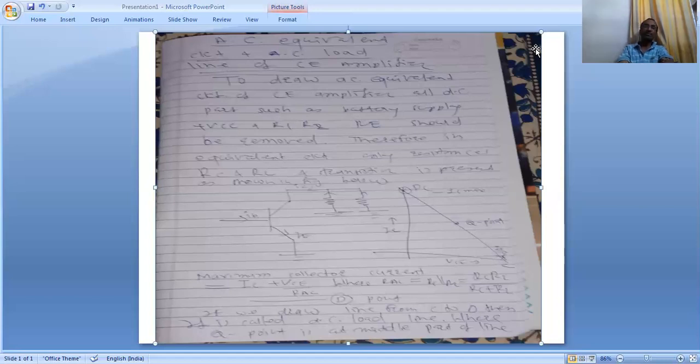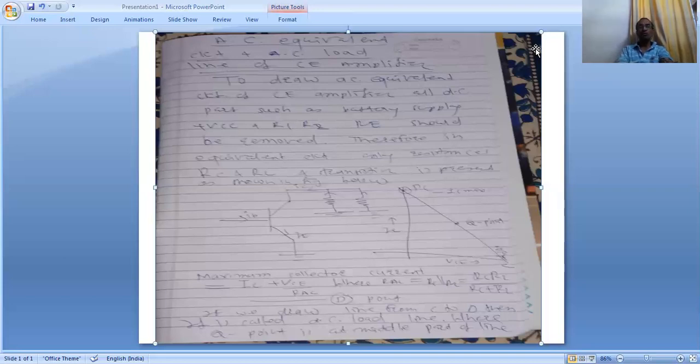What happens when we have to draw another extreme point on the output characteristic, that is the D point? How to draw that? For that purpose, IC should be maximum. The IC maximum is given by the formula IC max equal to VCE divided by RAC, where RAC is the AC resistance, equal to RC parallel to RL.